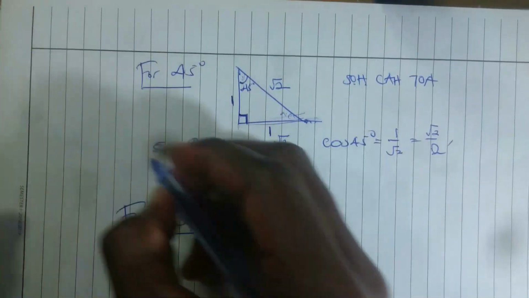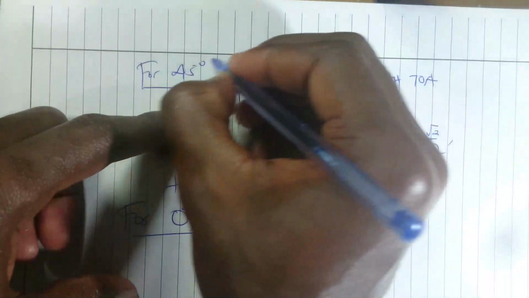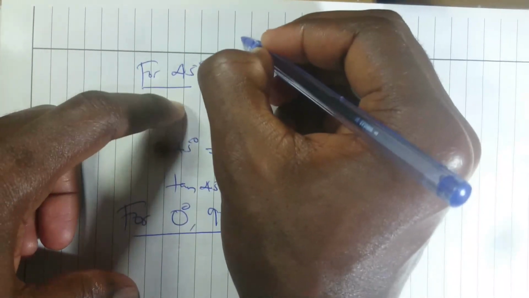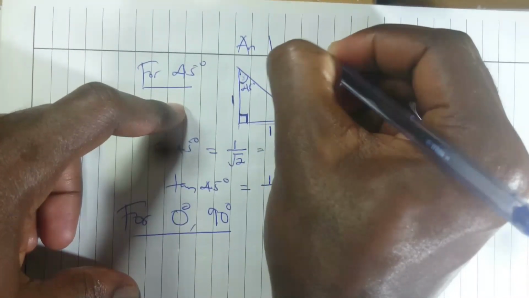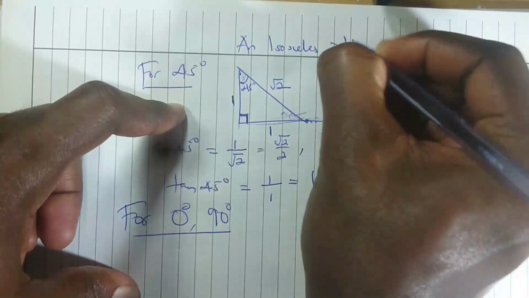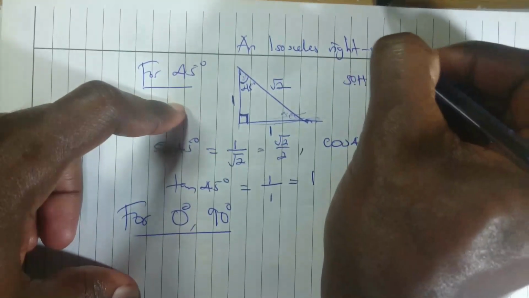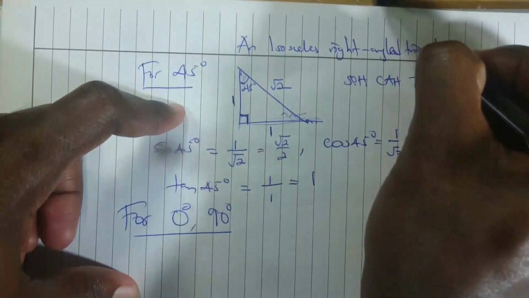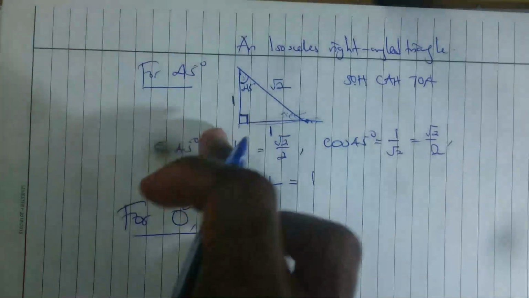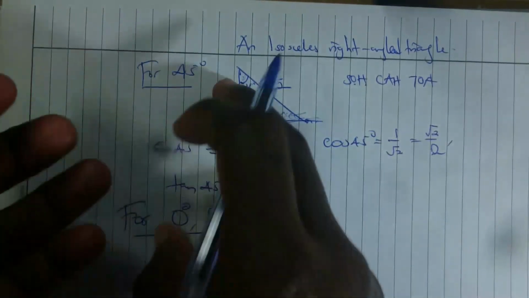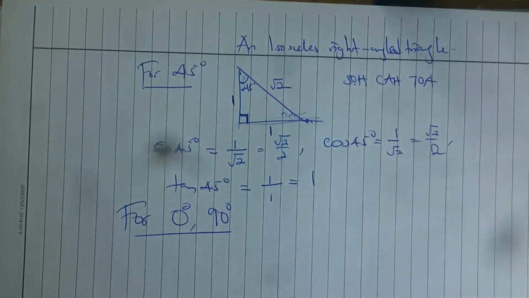This is an isosceles right angled triangle. Because you might be having the question of why it is 45 degrees: an isosceles right angle triangle has two equal sides of one unit, and the angles are 45 degrees.